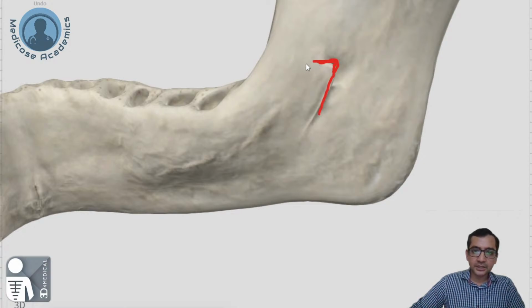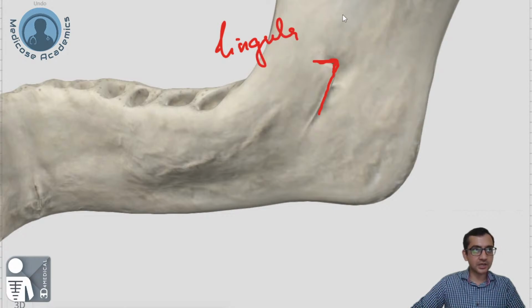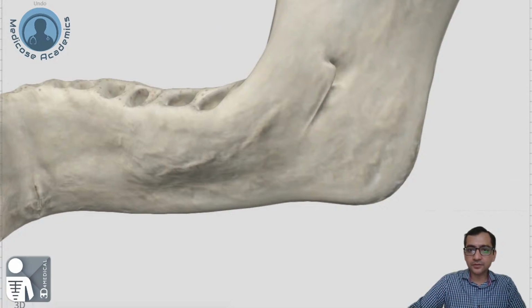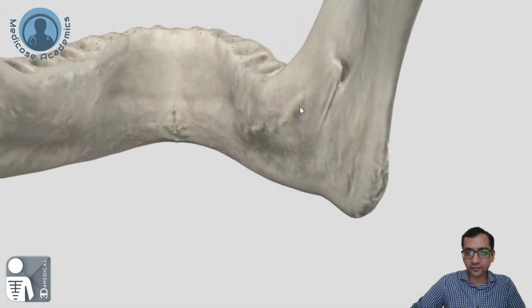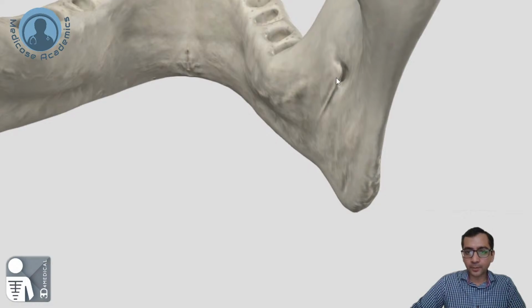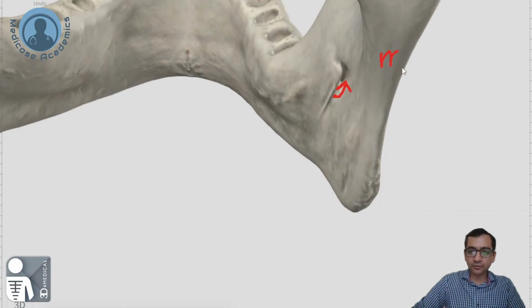This is called the lingula. Lingula means tongue; it's a tongue-like projection. The lingula covers this foramen present in the ramus of the mandible. This is called the mandibular foramen.